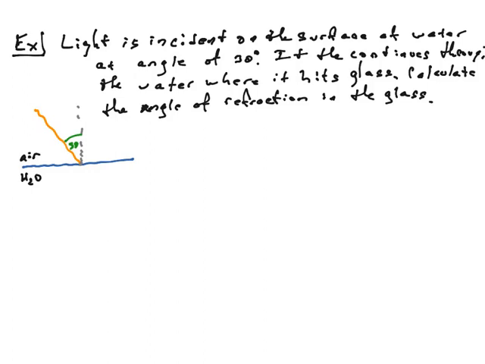It then continues through the water. Well, first of all, it's going to refract, right? It doesn't just keep going straight. I went from air to water, so I bend. Do I bend inwards towards the normal or outwards away from the normal? I'm going from air to water. Water is more dense than air, so I should bend inwards. The angle should get smaller.